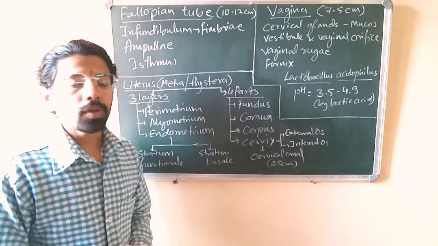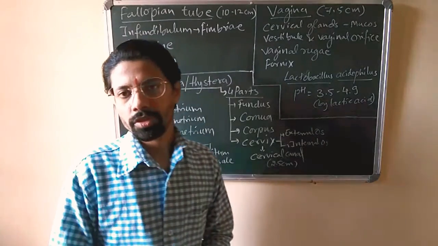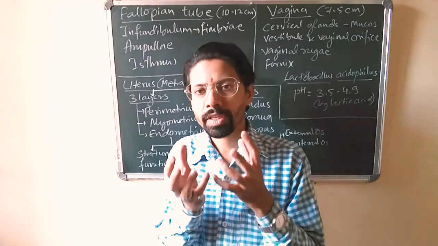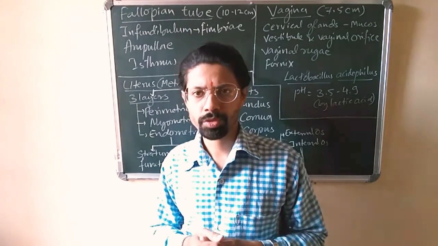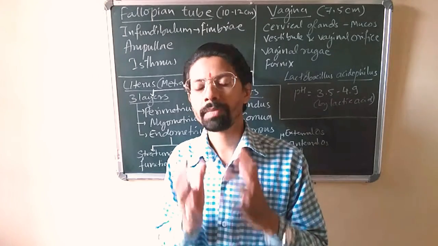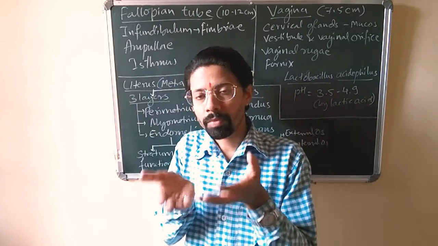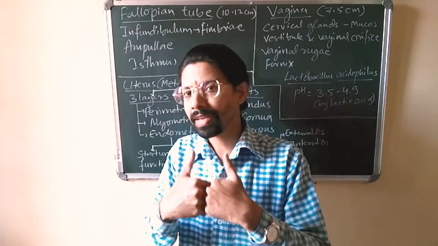Clear? So the infundibulum is a very important structure, basically because it is helpful for receiving the ovum after ovulation. On the 14th day of the menstrual cycle, the ovum is released by rupturing of the Graafian follicle into the peritoneal cavity, and the ovum has to enter the fallopian tube.